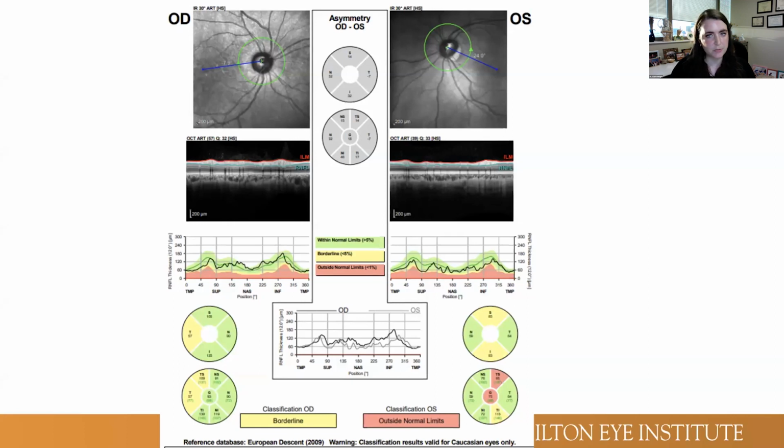So I'm kind of suspicious of it as I work my way down, and then I look at the global thickness score. I see some supratemporal thinning. So I'm very hesitant to put all my weight into nerve fiber layer scans in myopic nerves, is the long and short of it.